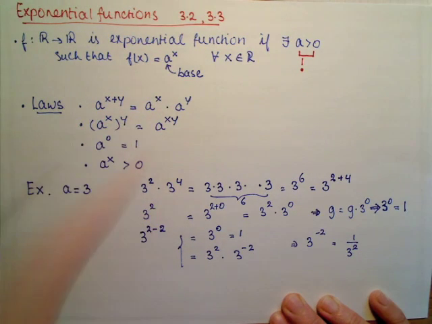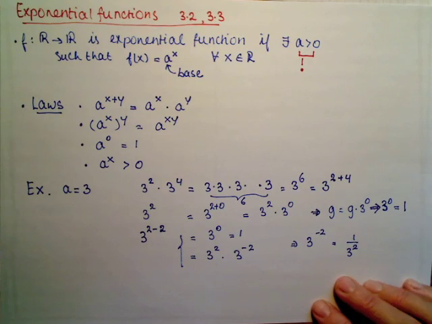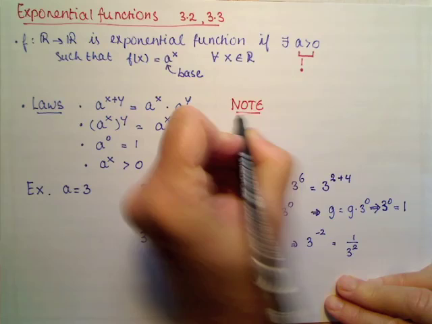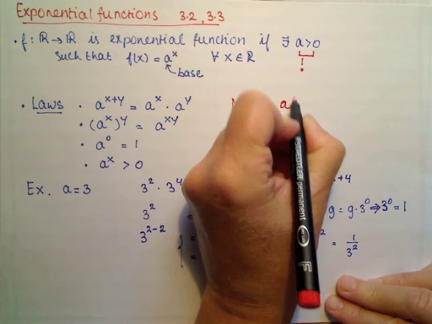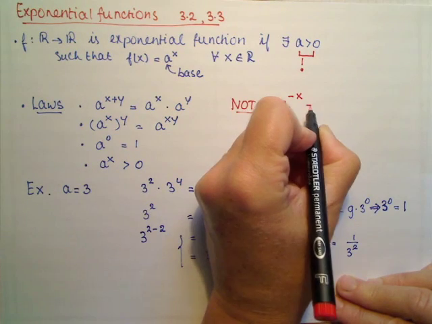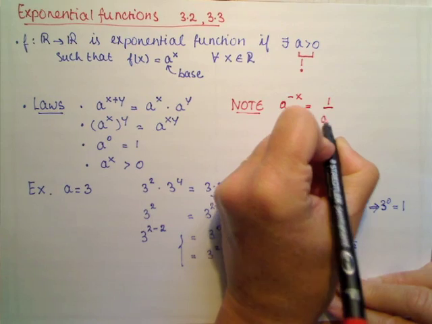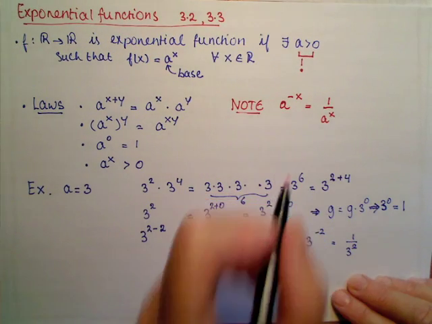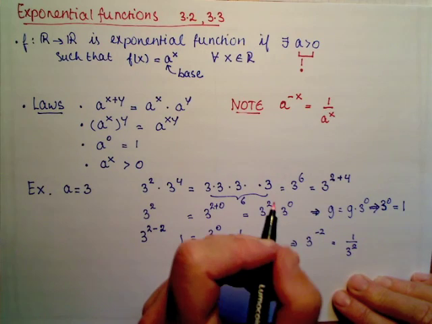It's just to make the laws of multiplication work for all real numbers. So the consequence is that we have the following relation: a to the power minus x is equal to 1 over a to the power x.